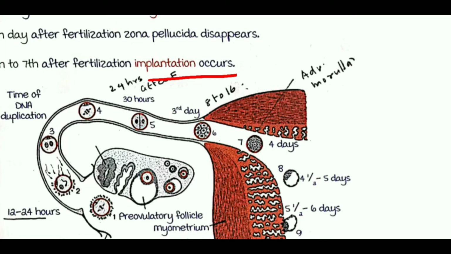On the third day after fertilization the 16 cell stage, the morula, will be formed, and on the fourth day after fertilization we have the advanced morula, which is the 32 cell stage. At 4.5 days the zona pellucida layer will disappear, and by the 6th to 7th day after fertilization implantation will take place.